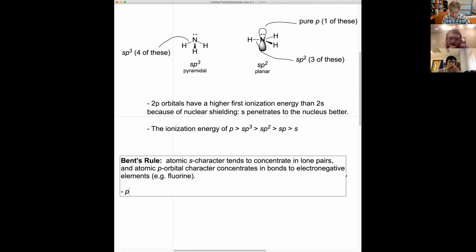Well, this is that p orbitals are more easily ionized.